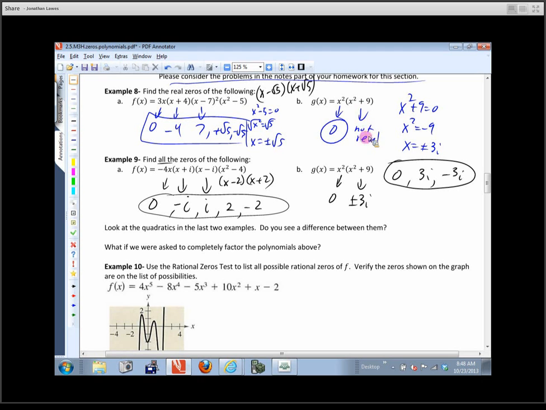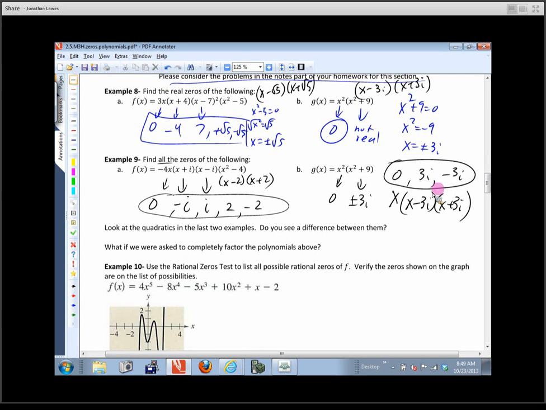Okay, and if we factor it over the complex numbers, here's what it would factor to. This is a perfect square of 3i. So this is going to factor to x minus 3i and x plus 3i. Everybody catch that? If we were asked to factor this one completely, this is what it would factor to. And you're going to be asked to factor some problems like this completely, and this is what you do.